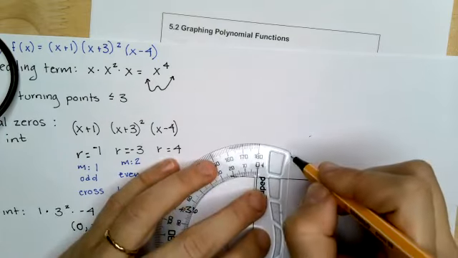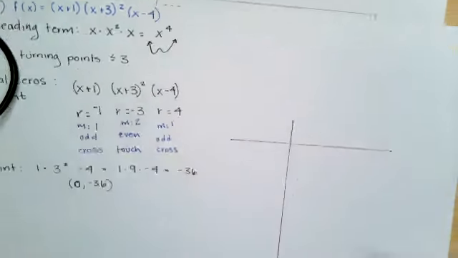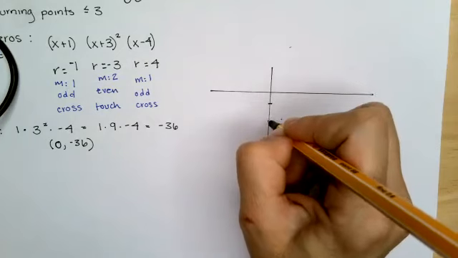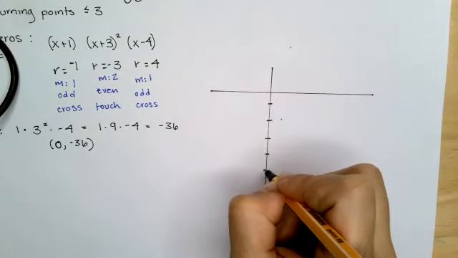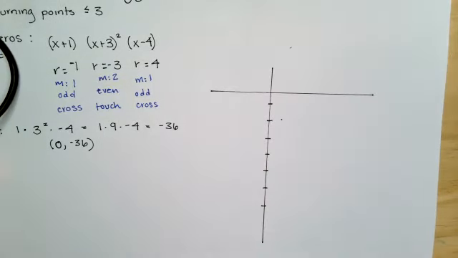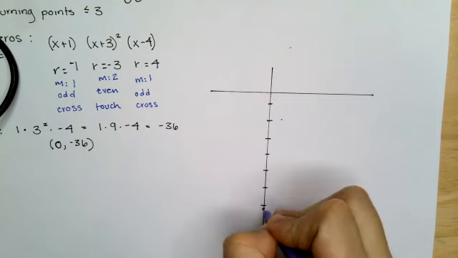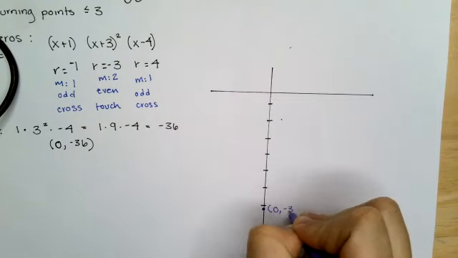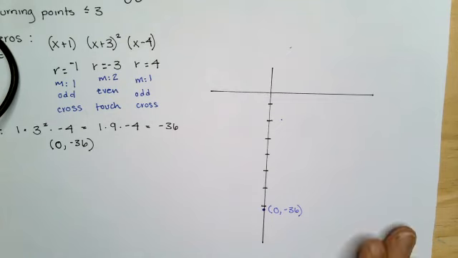-36, all right. Again, we'll count by 5s. So I'm going to call this 0, -36. Good.